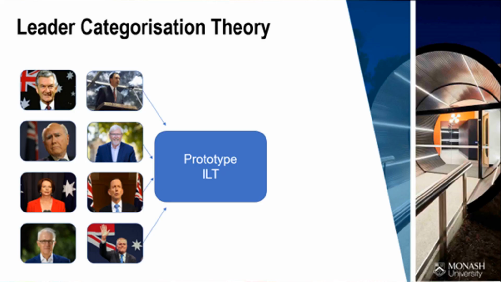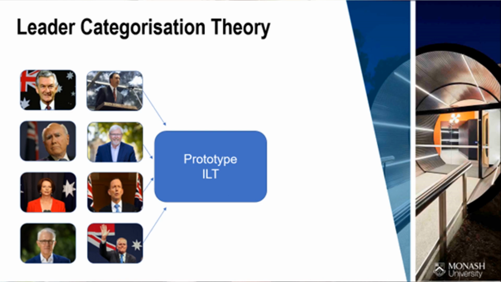So just an example. I've grown up in Australia. I've seen all of these prime ministers. Over the years, my prototype of what a prime minister looks like is shaped by these prime ministers that I have seen throughout my lifetime. Just looking at general characteristics, demographics, because we don't tend to get to know prime ministers personally.